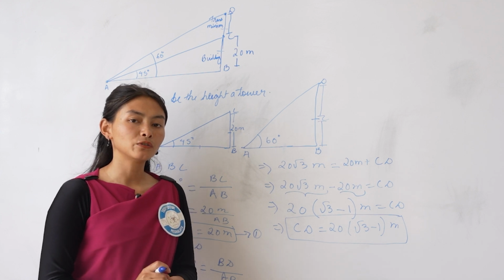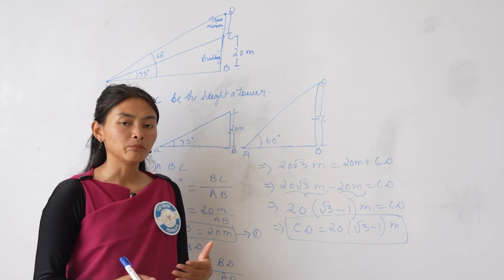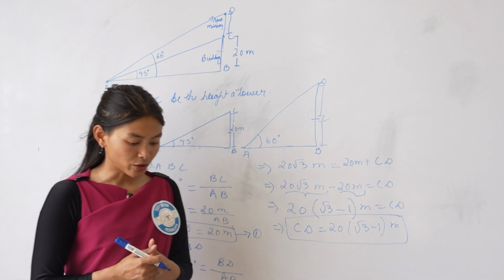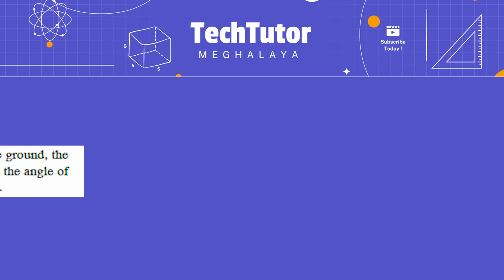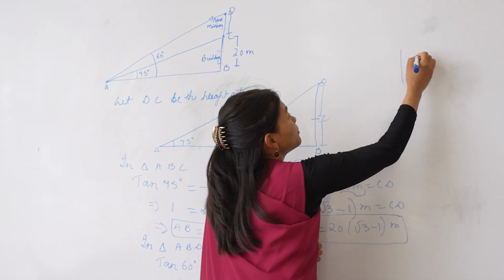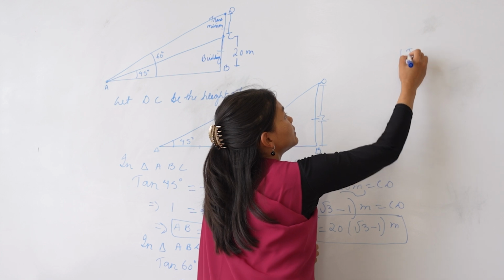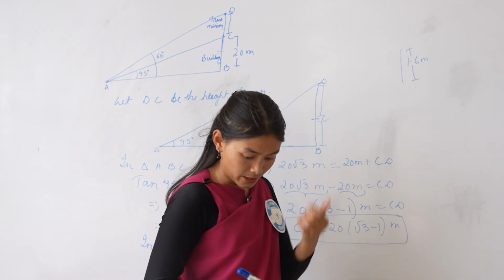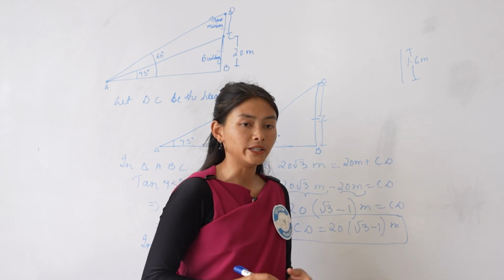Now the next question is: a statue 1.6 meter tall stands on top of a pedestal.